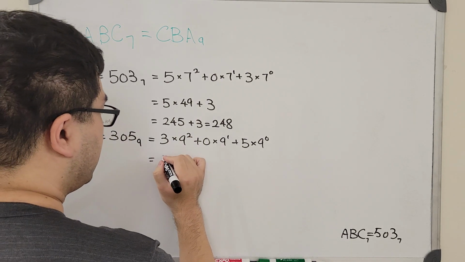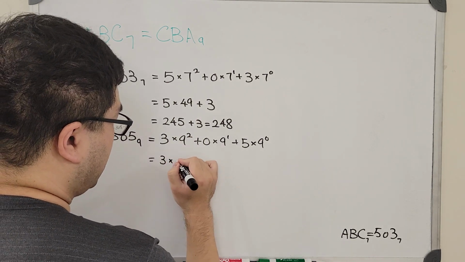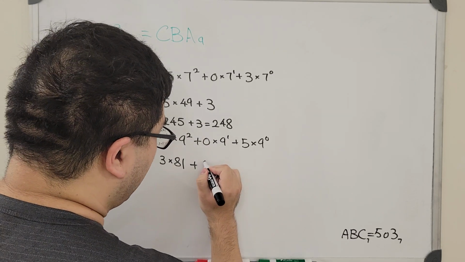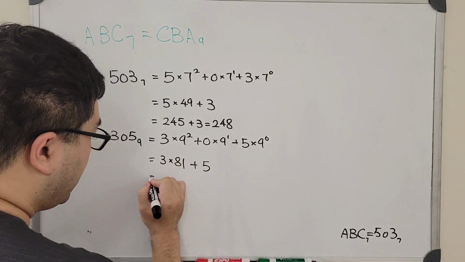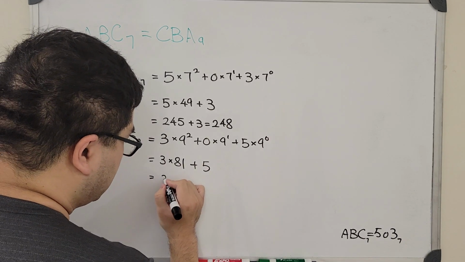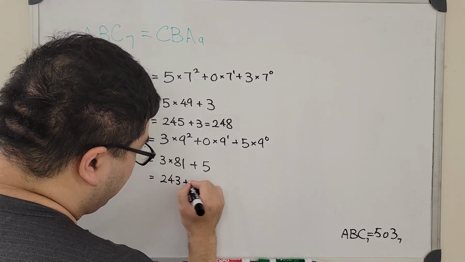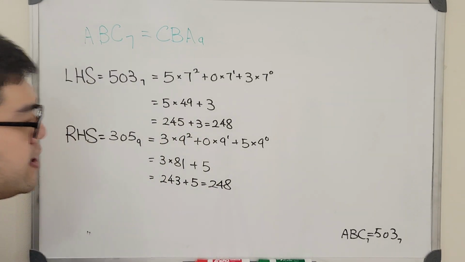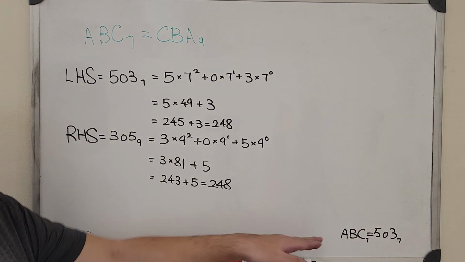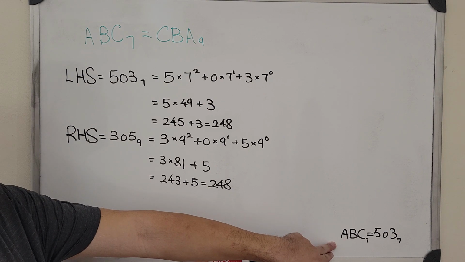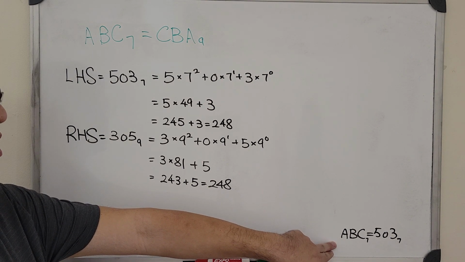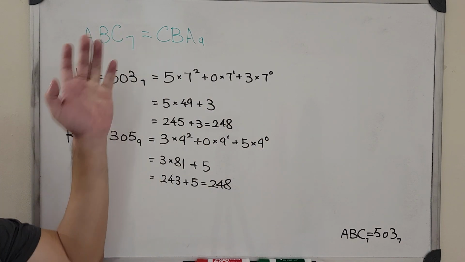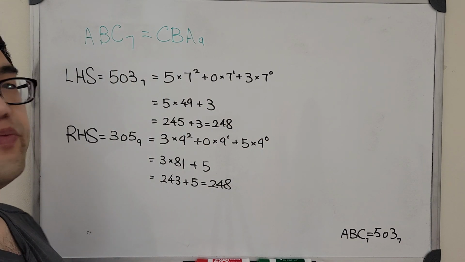And if we simplify it, we have 3 times 81 plus 0 in the middle plus 5 times 1, which is 5. And 3 times 81 is 243 plus 5, which also gives us 248. And therefore, 503 in base 7 is the answer and is the only possible solution for this puzzle.